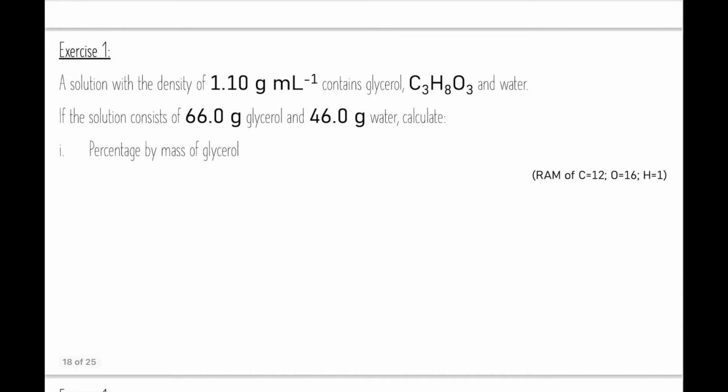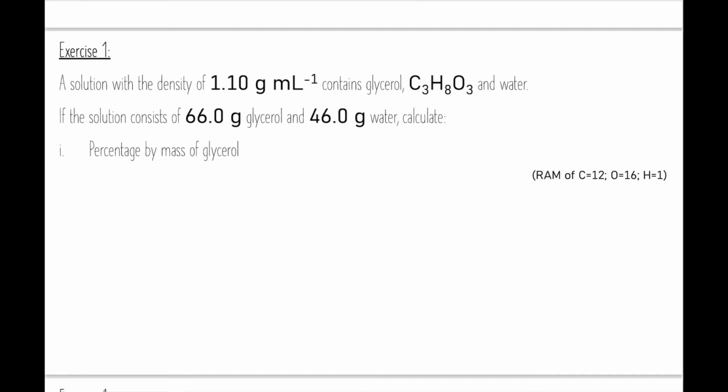A solution with the density of 1.1 gram per milliliter contains glycerol, C3H8O3 and water. If the solution consists of 66 gram glycerol and 46 gram of water, calculate the percentage by mass of glycerol.